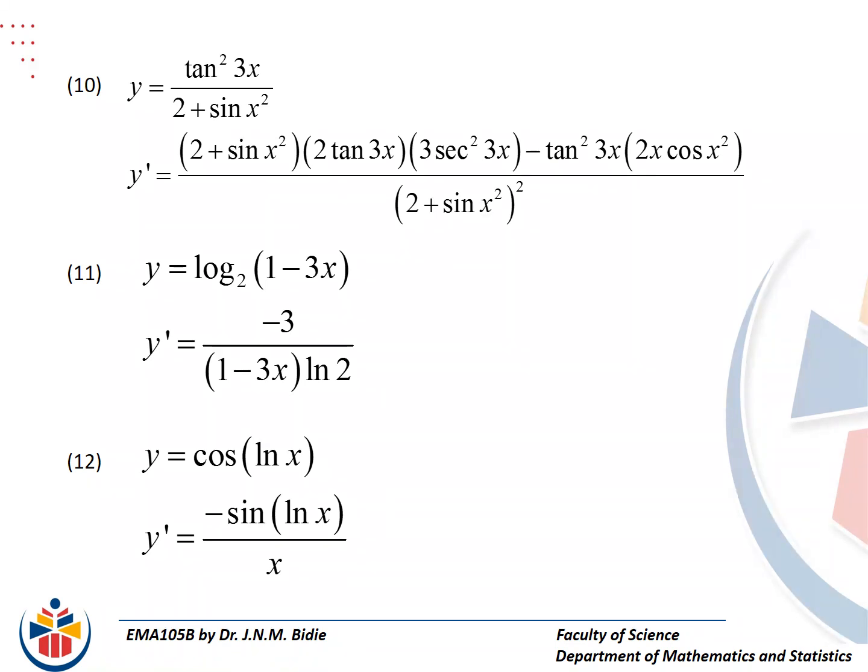It is negative sine. So you have negative sine ln x because ln x is the argument of cos. So we've got minus sine ln x multiplied by the derivative of ln x, which is 1 over x. So I just wrote it as minus sine ln x all divided by x.